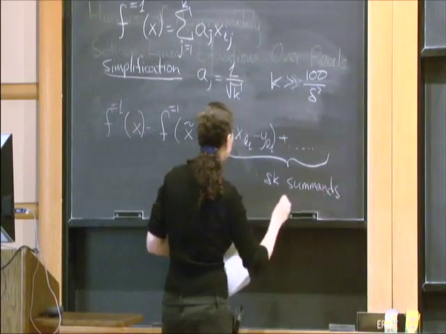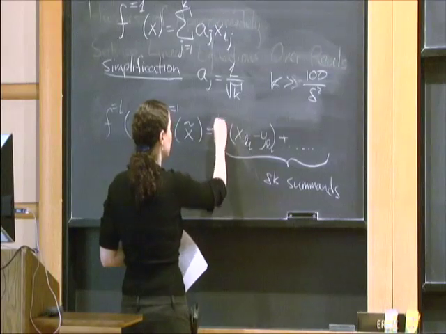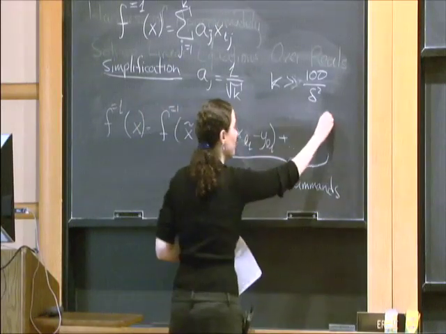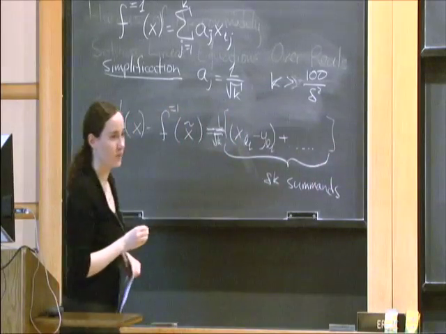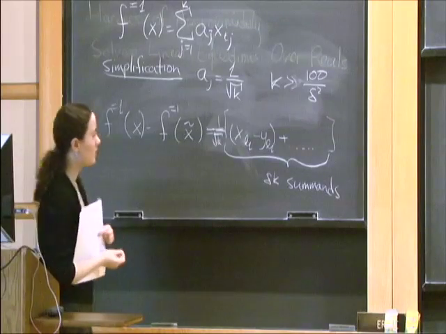And this is all with a normalization of 1 over square root k. Okay, so this is the linear part.